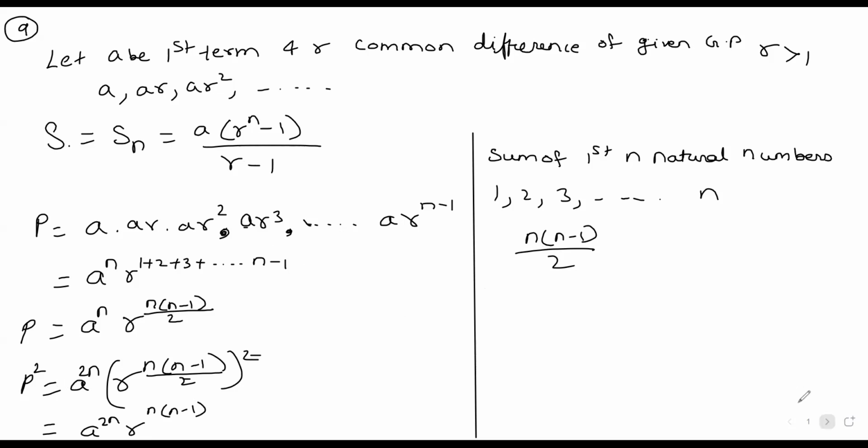Now capital R is sum of the reciprocals. Reciprocal is 1 by a plus 1 by ar plus 1 by ar square plus so on up to 1 upon ar raised to n minus 1.